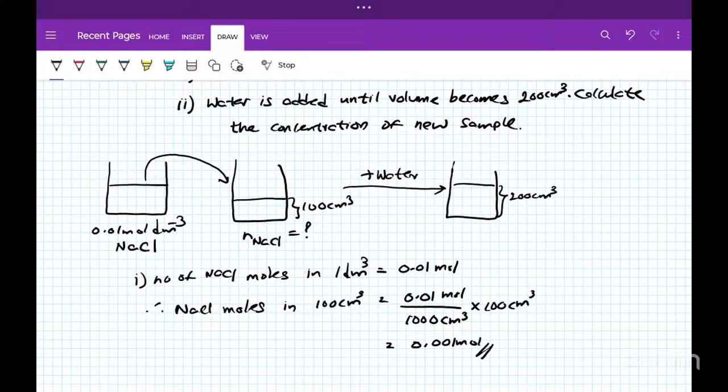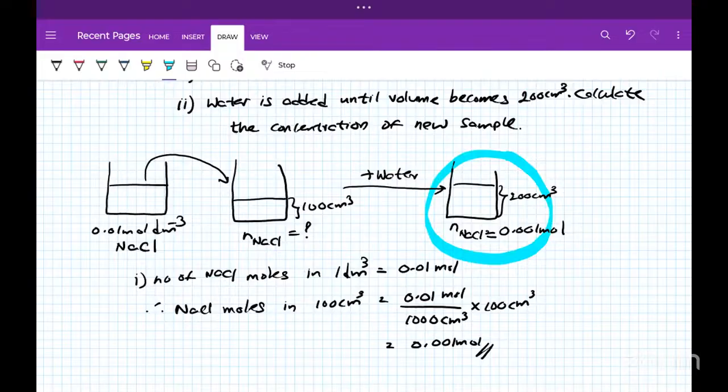You are not changing the number of moles. You are changing the volume, increasing the volume. So in this one, NaCl is 0.001 moles, as we calculated. Now we have been asked, what is the concentration of this new sample?